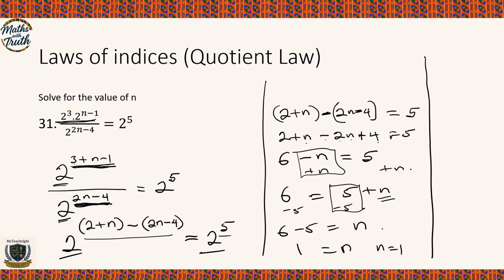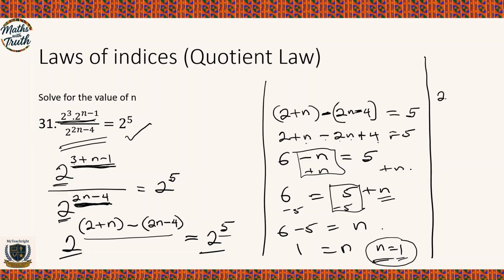So let's verify if this is correct. We put this value back into this equation. What we're trying to say is that this value of n is what makes this equation true. So let's see if that is the case.